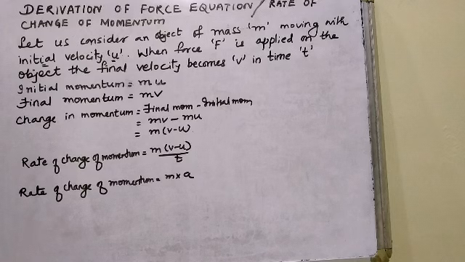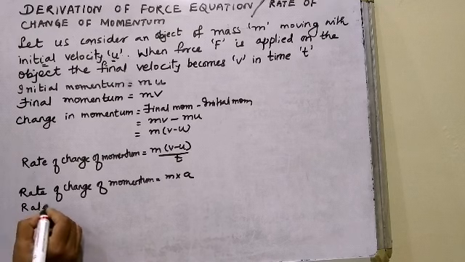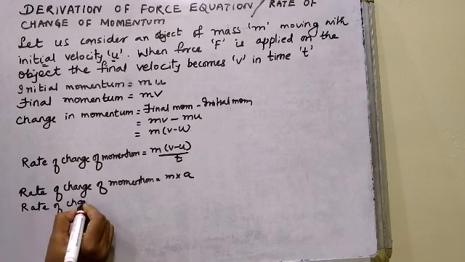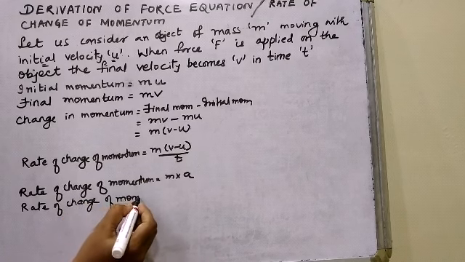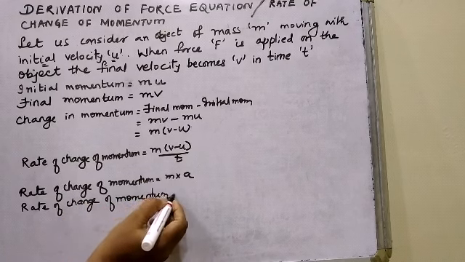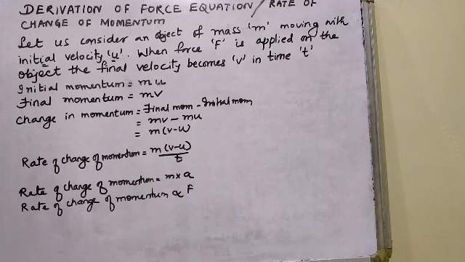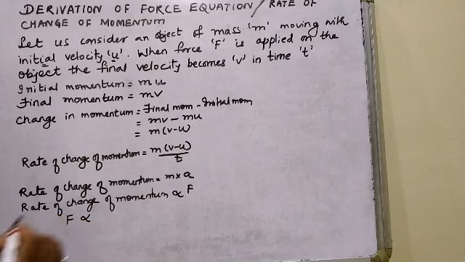Now according to Newton's second law, Newton says that the rate of change of momentum is directly proportional to the applied force. Okay, so I can say that force is directly proportional to the rate of change of momentum.